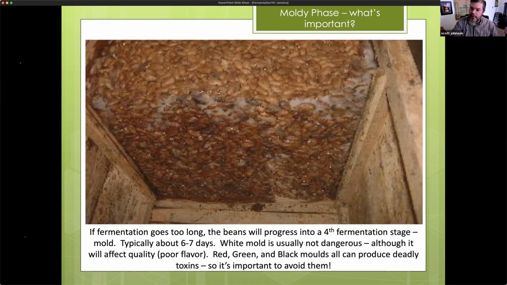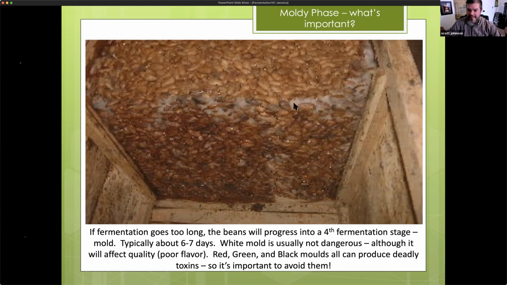And those are some of the most potent poisons in the world, and you can easily die from them, and your customers can easily die from them as well. Of course, our goal is not to kill anybody. So we want to make sure that we're managing our fermentation so that we're not developing moldy products that are dangerous to people, as well as tasting bad. Your mold is going to start to create bad flavors that are not going to be able to be fixed with your customers' processing.